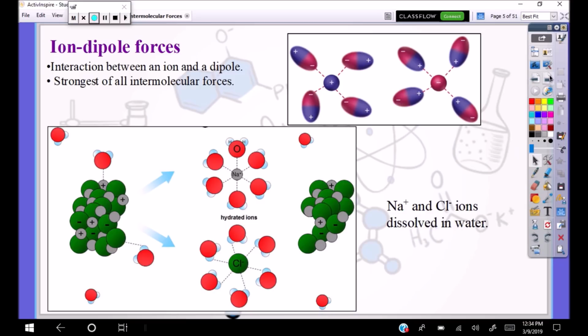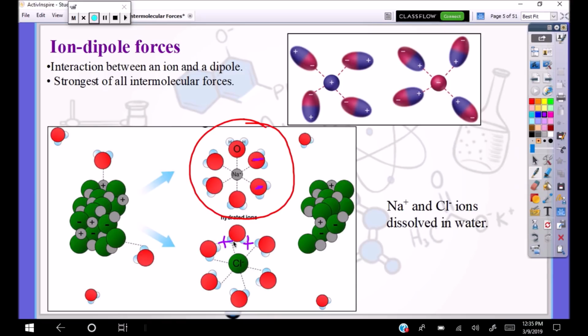Notice in our water molecule here, the slightly negative oxygens form an attraction for a positive ion, and the positive hydrogens form an attraction for the negative ion. So the orientation of water matters here because that's where the intermolecular forces are forming. Ion dipole is the strongest of the attraction types we're going to look at.